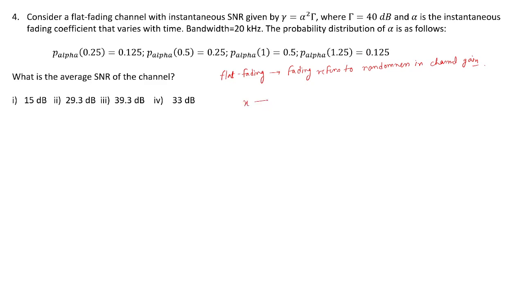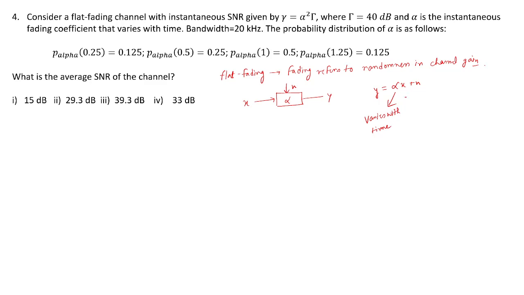That is, you have input signal X which you are feeding to this channel, maybe you consider channel to be alpha, and you are receiving a Y here. Of course, in AWGN channel you have noise here, so you have Y to be alpha X plus N. Then your alpha varies with time.